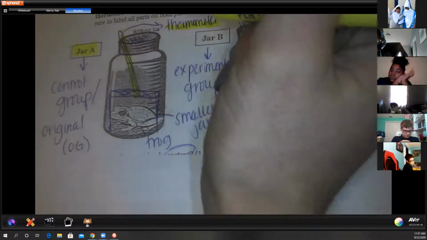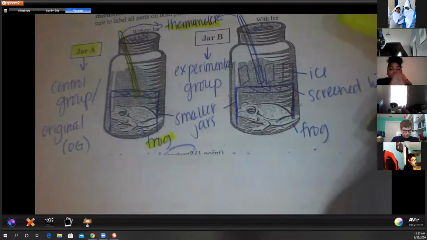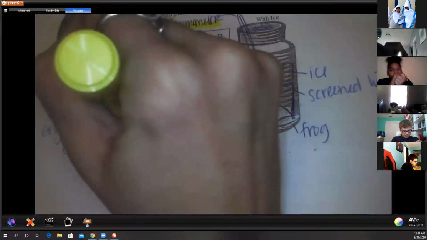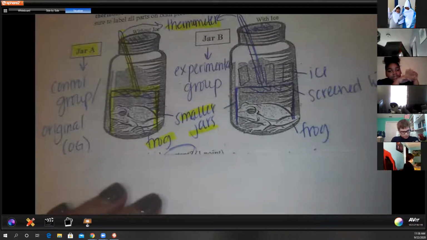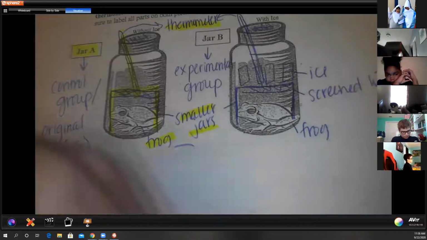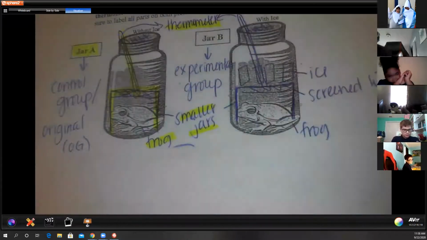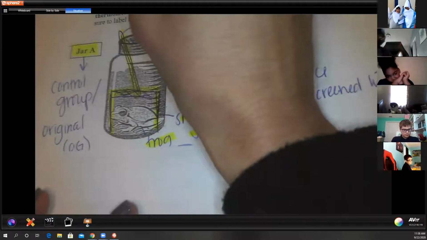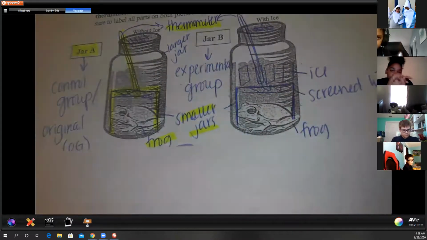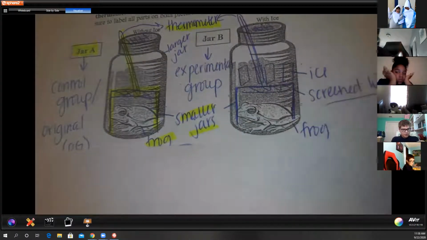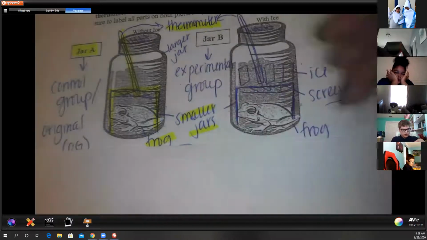I have a frog. I have smaller jars, these smaller jars right here. In jar B, oh, and I also have the larger jars. See how I'm labeling everything? I've got my screened lids, my larger jars.